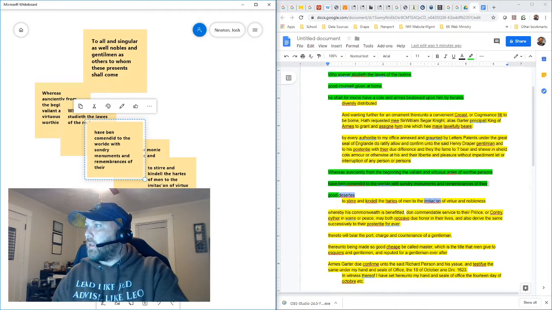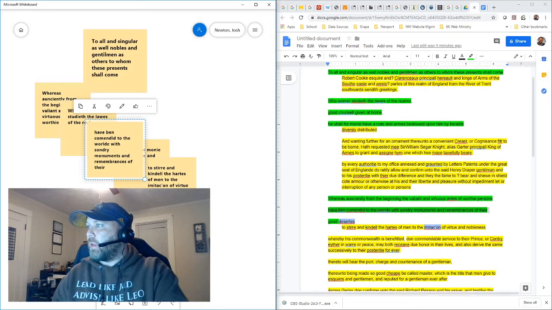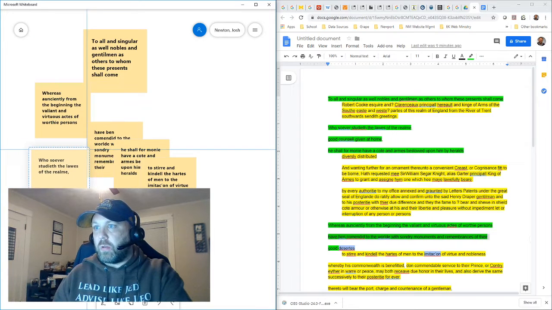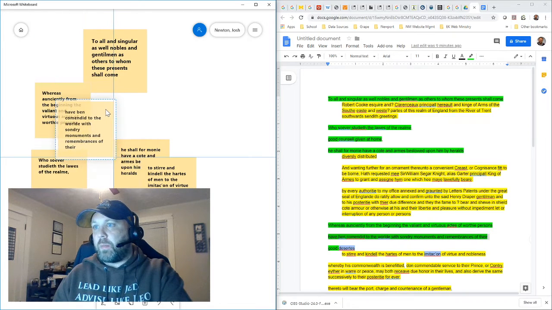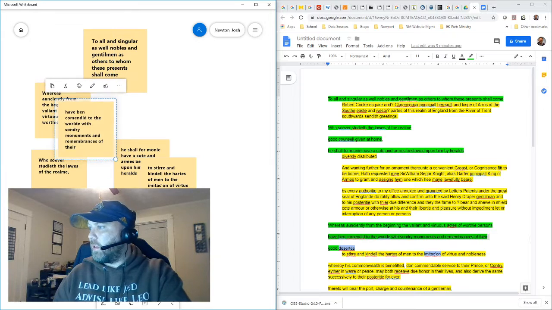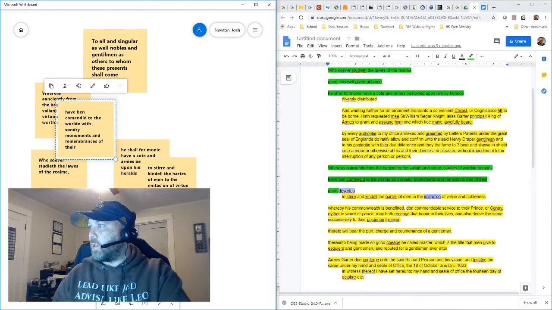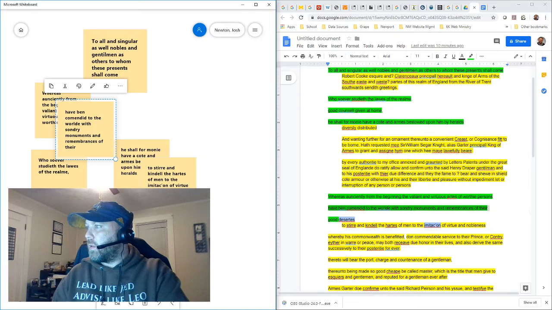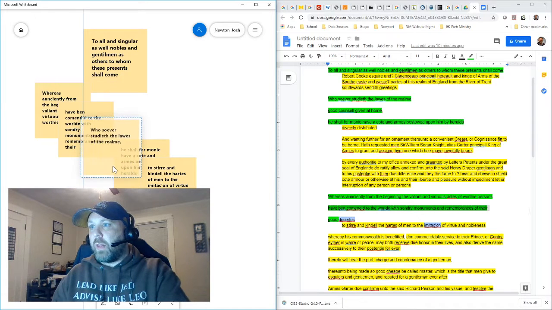And then what is "whosoever studieth the laws of the realm"? Okay, we're going to switch this around a little bit. We're going to throw that up there, because we want to combine those two. And then we can throw that in the middle there, and basically start a second phrase.